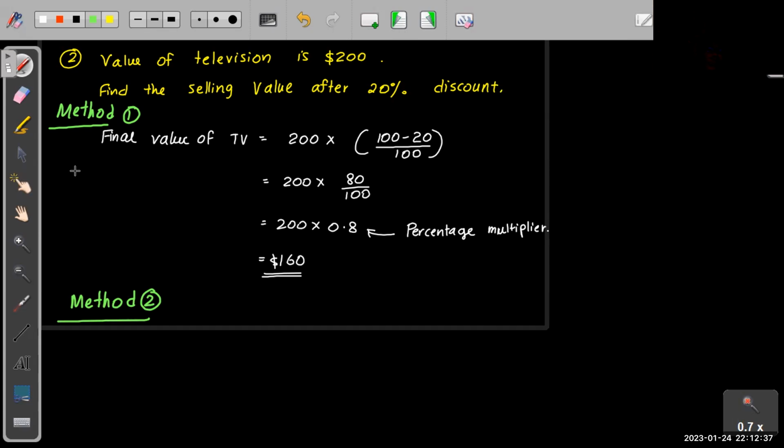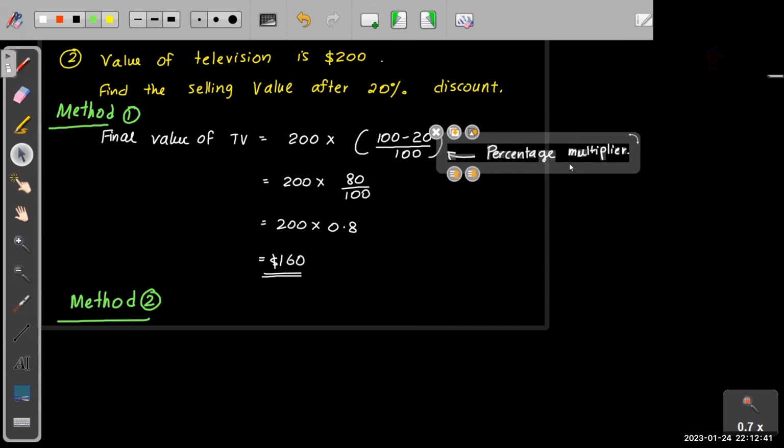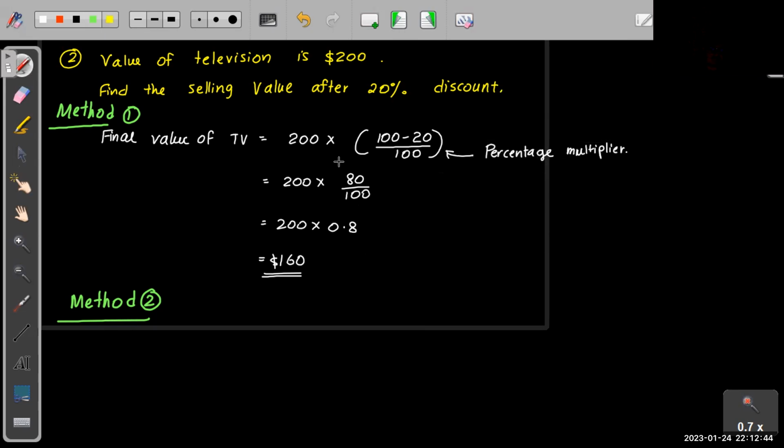Now this we call percentage multiplier. This we call decimal multiplier. Same thing. Once you convert the percentage into decimal, we call it decimal multiplier.